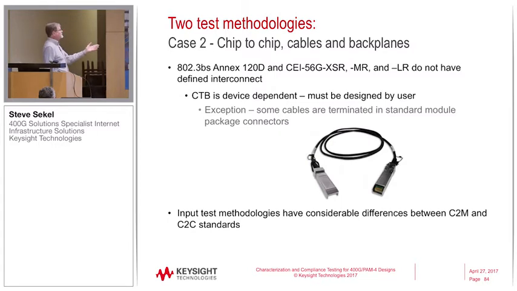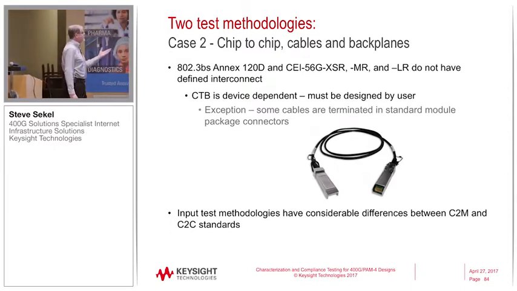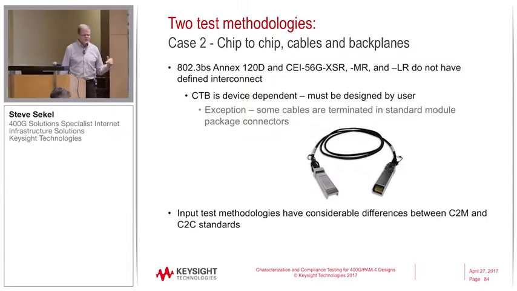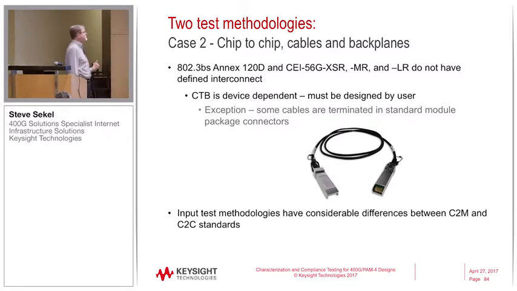Okay, and then the second situation is where we have a chip-to-chip or cable or backplane. We don't have a standardized connector, and in those cases, you have to design and fabricate the board yourself. Okay, so again, the S-parameters are given to you in the specification, and you need to make sure that the design is compliant with the boards.